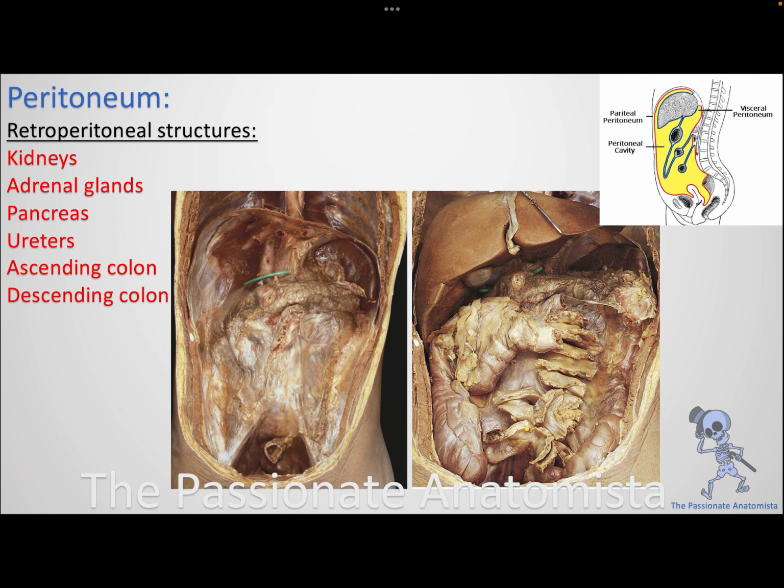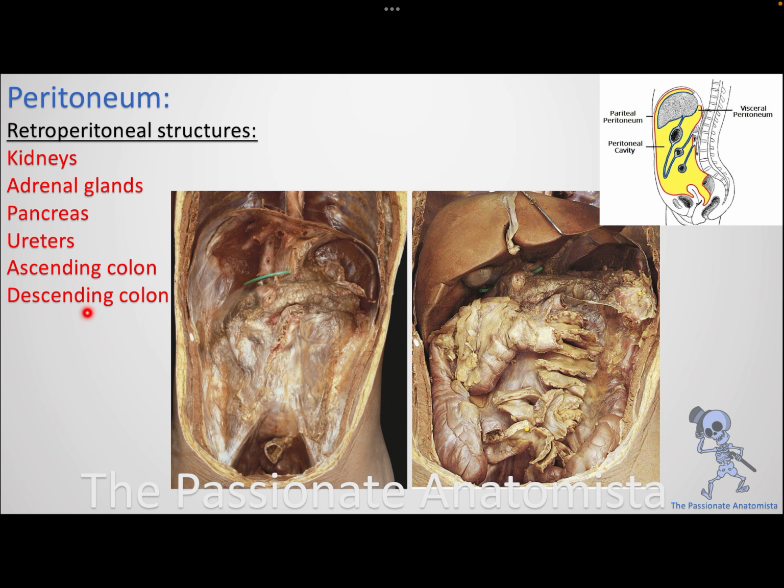Now other than that, all the structures that lie posterior to the peritoneum, that are not invaginating the visceral peritoneum, and do not have mesentery or a peritoneal ligament, are considered retroperitoneal. What are these structures? Kidneys, adrenal glands, pancreas, the ureters, ascending and descending colon.